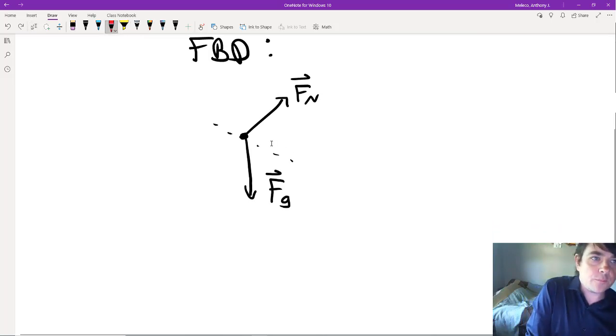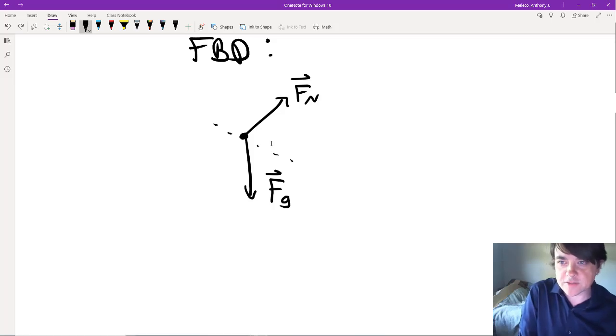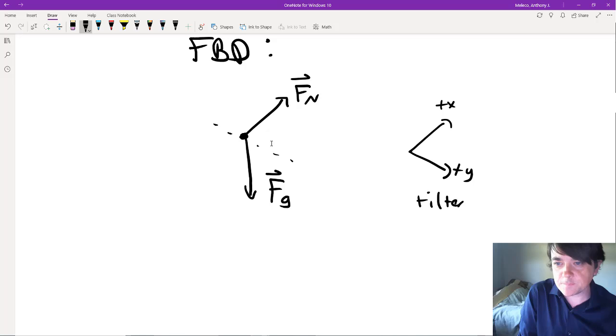So now I'm going to create a coordinate system, and the coordinate system that I create is a tilted coordinate system.